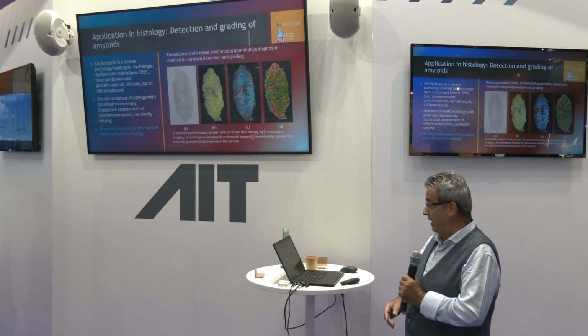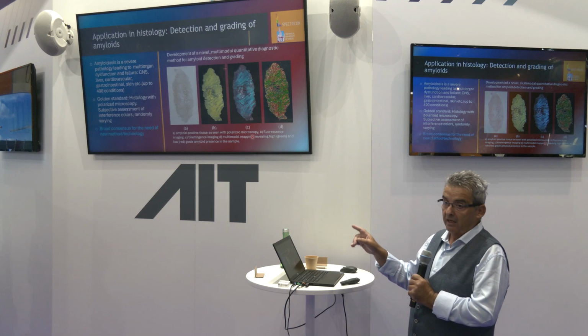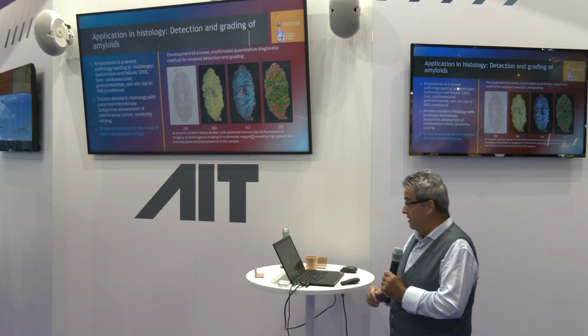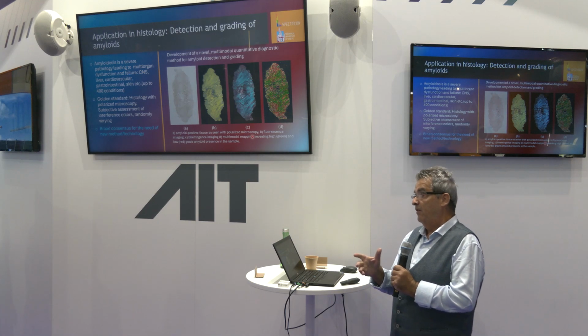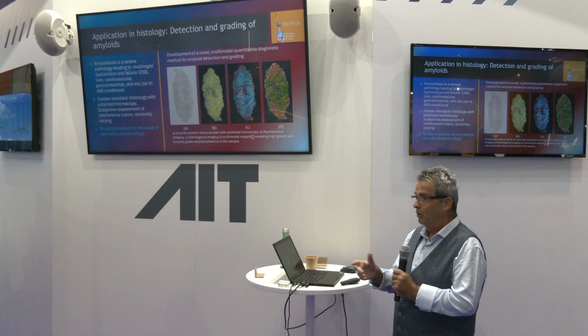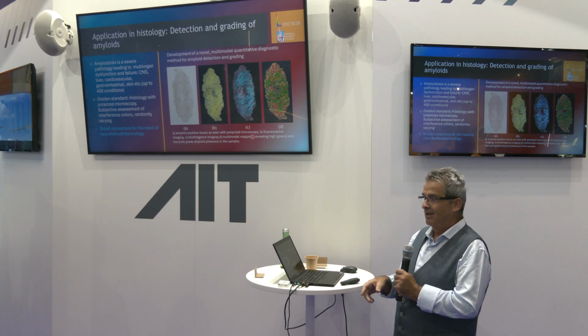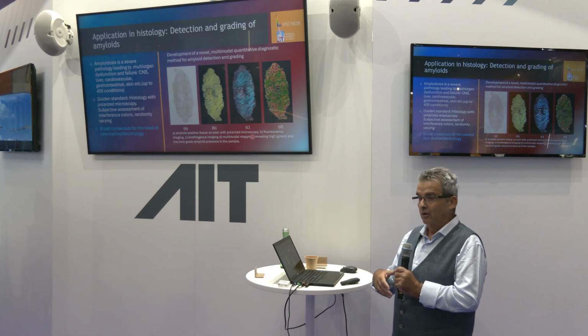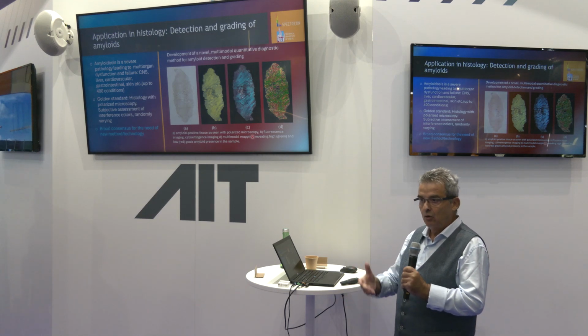And now there's another application where we exploit the birefringence aspect that we have developed. So what's the problem? I'm sure very few people are familiar with amyloidosis. Amyloidosis is a very important disease which leads to dysfunction and also failure of several organs, like cardiac tissue.